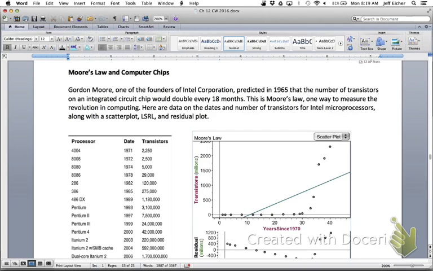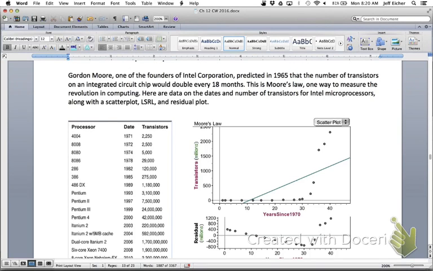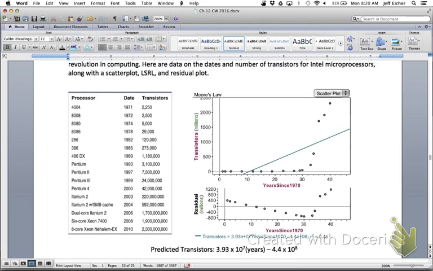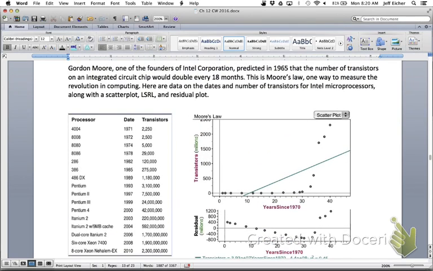So I'd like you to pause this video and consider the graph, consider the residual plot you're given, read the little paragraph, and read part A. And then once you're ready, you can unpause and we can work on A together. So you've read about Moore's law, about the number of transistors in a circuit chip.